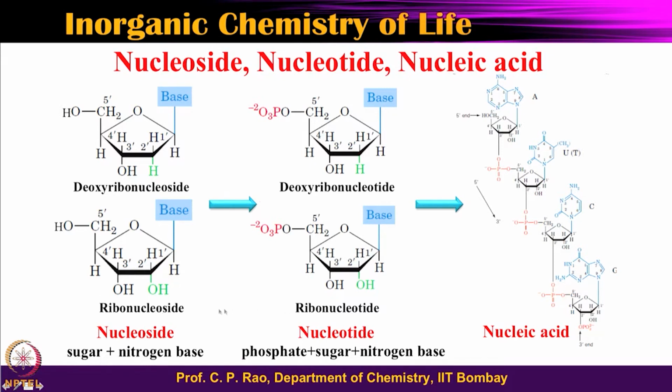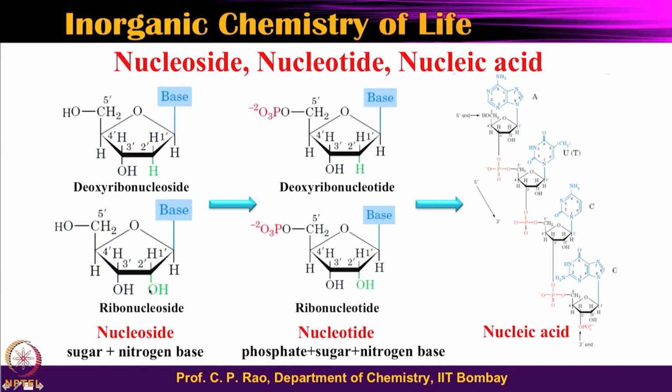I will come to the difference in a while. The two structures below are very similar to the two on the top, except that in the second position you have an OH. So, this is referred to as a ribonucleoside. Ribose plus the base is a ribonucleoside, and the phosphate, the ribose plus the base is a ribonucleotide.